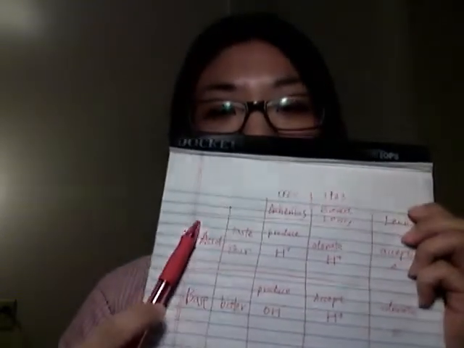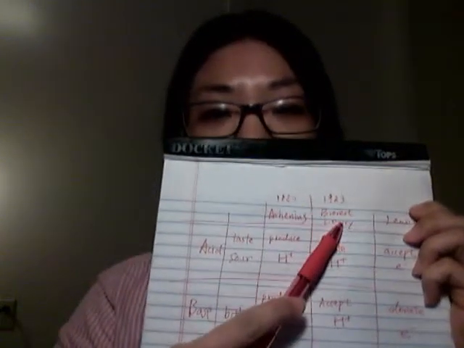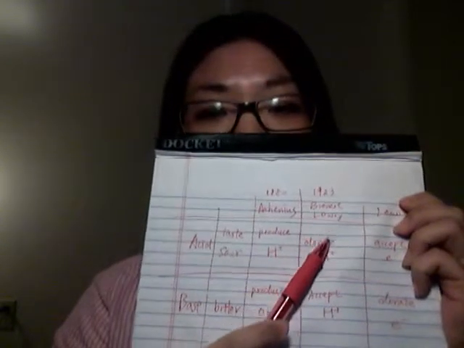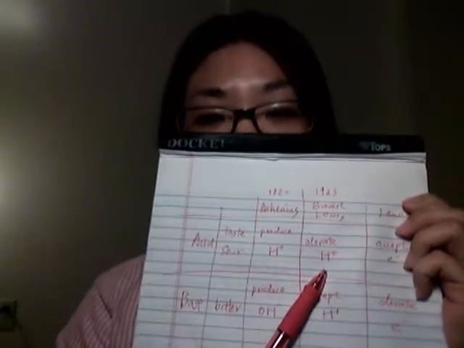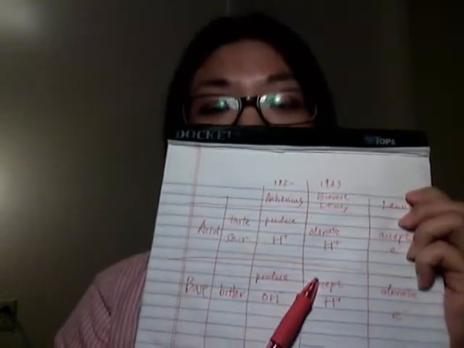And more recently, in 1923, Brønsted and Lowry defined that acids are substances which can donate protons, but bases can accept protons.